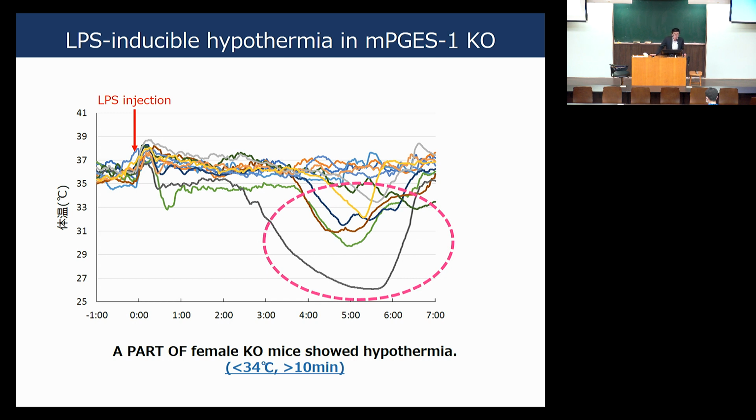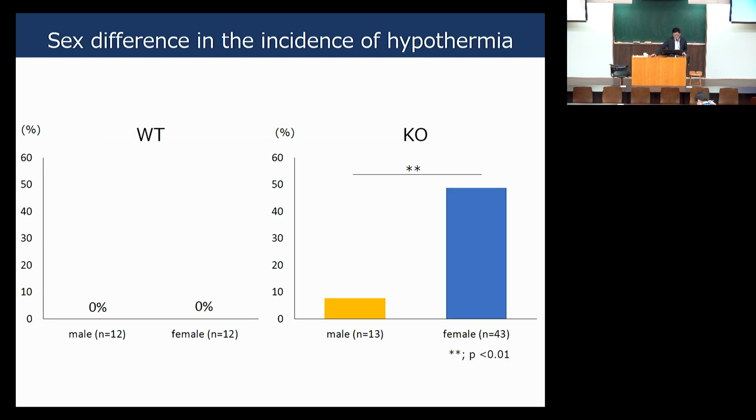But not all of the knockout mice produce hypothermia. Some mice have this hypothermia. I was wondering why. And first we tried to classify them depending on their sex. You can see in wild type, of course, they have no hypothermia.